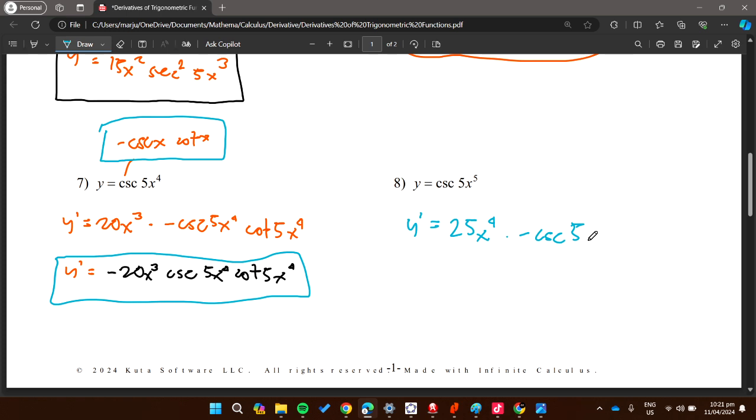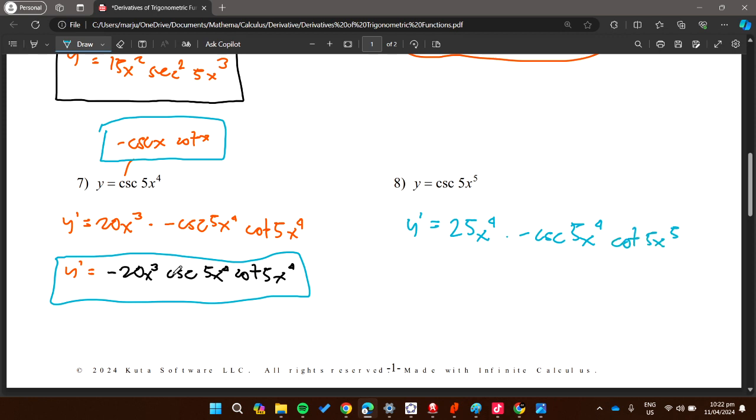Wait, they're not the same, the exponent is not the same. So it is cosecant 5x to the 4th, and then cot 5x to the 5th.